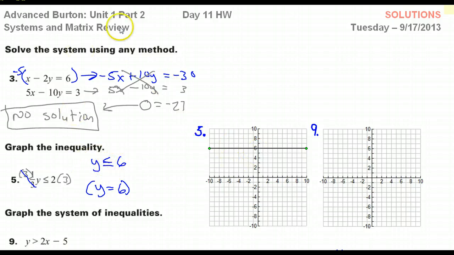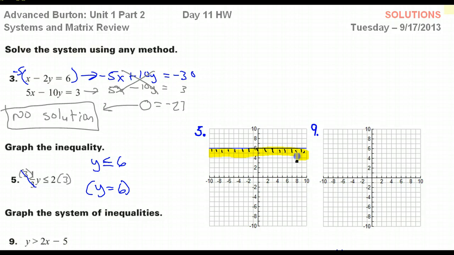Because of the or equal to, we can keep it as a solid line. So there will be the line y equals 6. Now, because it's less than or equal to 6, I'm going to shade on this side of the line. If I shade that in, then I'm done. Just be careful when you do your shading.